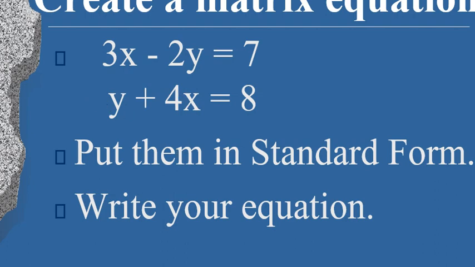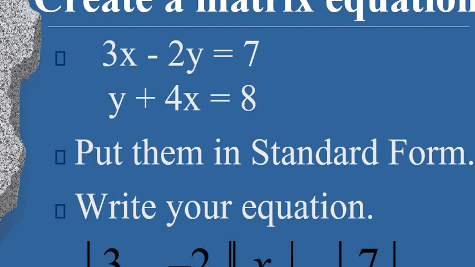Then our equation should be 3, negative 2, 4, 1, times x, y, equals 7, 8. Anybody have a question about how I got that? See how the 3 is in front of the x? So we put the 3 first. See how the negative 2 is in front of the y? So I put the negative 2 next.